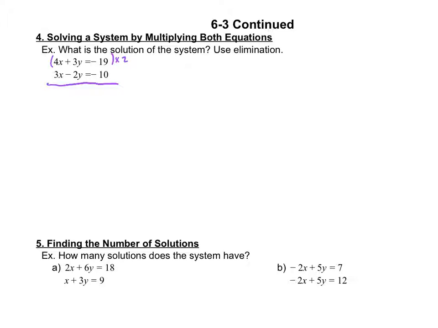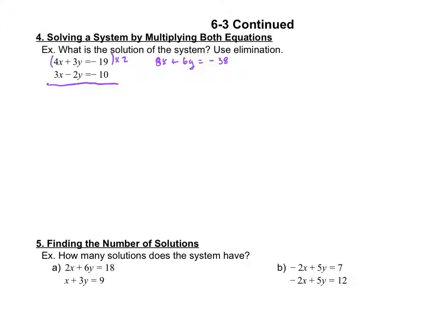And that is going to yield 2 times 4x is going to be 8x, plus 2 times 3y is going to be 6y, and that's going to be equal to -19 times 2, which is going to be a -38.